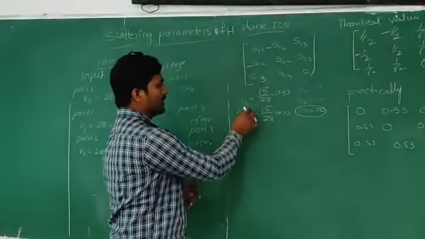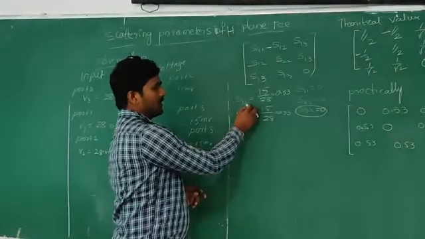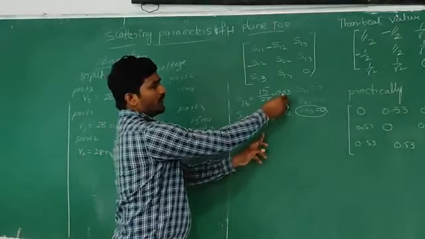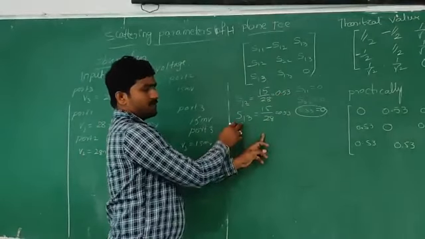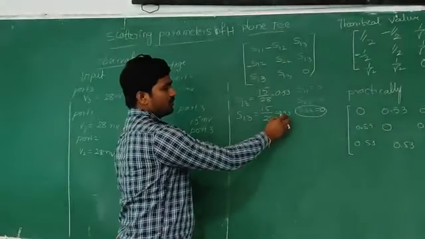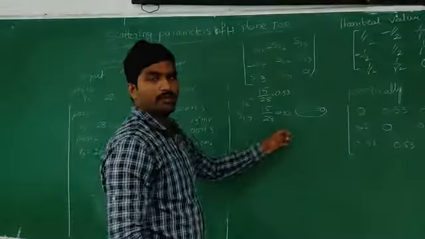Now we are going to calculate S12. This is the input, this is the output. Input with output we got 0.53. As well as S13, we calculate 15 by 28, which is also approximately 0.53.